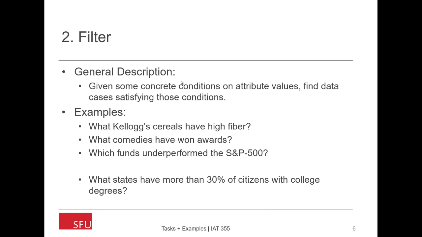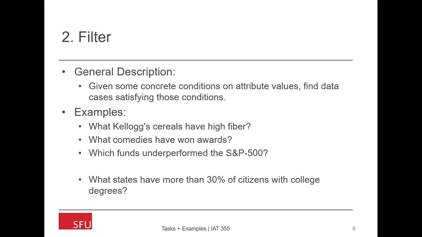What comedies have won awards, so we're selecting comedies and awards together, and which funds in a mutual fund database have underperformed the S&P 500 index. Each of those things have acts of selection and filtering to focus our attention on a subset of the data that we have. Last on this list, what states have more than 30% of citizens with college degrees?